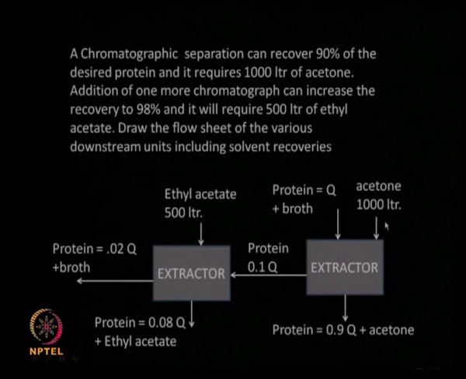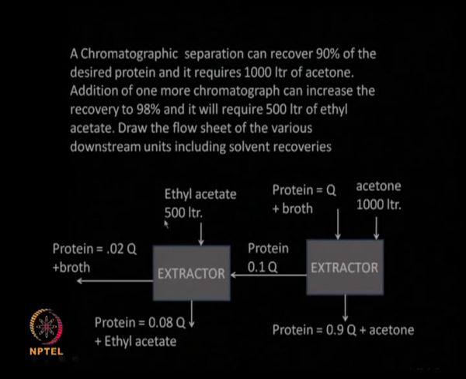So 1000 liters of acetone is added here and the extraction efficiency is only 90%, that means only 0.9 Q, if you start with Q as the amount of protein that is present, only 0.9 Q comes out with acetone, agreed. So that means 0.1 Q is lost.